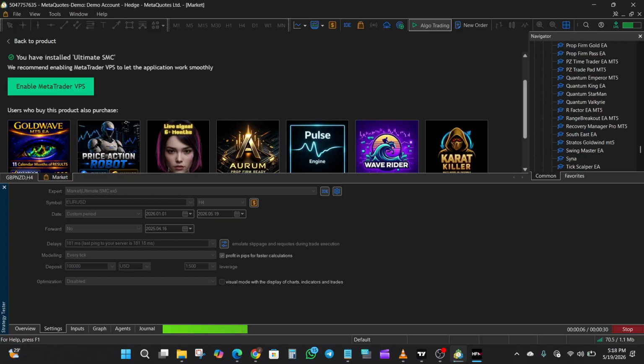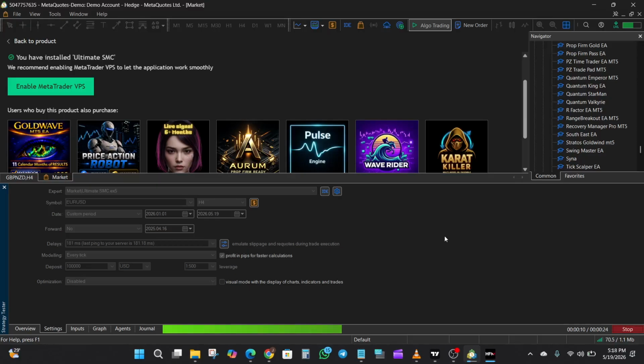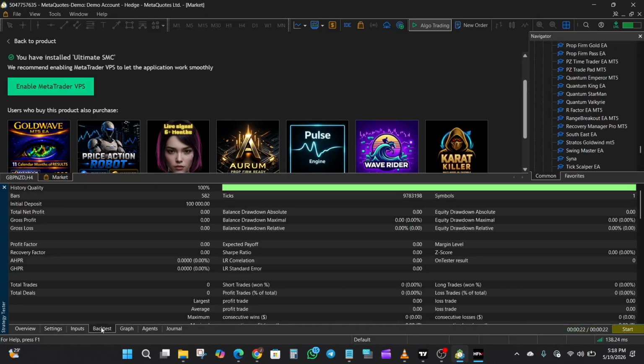So ideally, we ought to look at the chart activity and try to understand the execution style and all of that. Okay, but if we do not have any trade taken, then I guess we'll just have to move forward. All right, so here again, we didn't have any single trade taken.